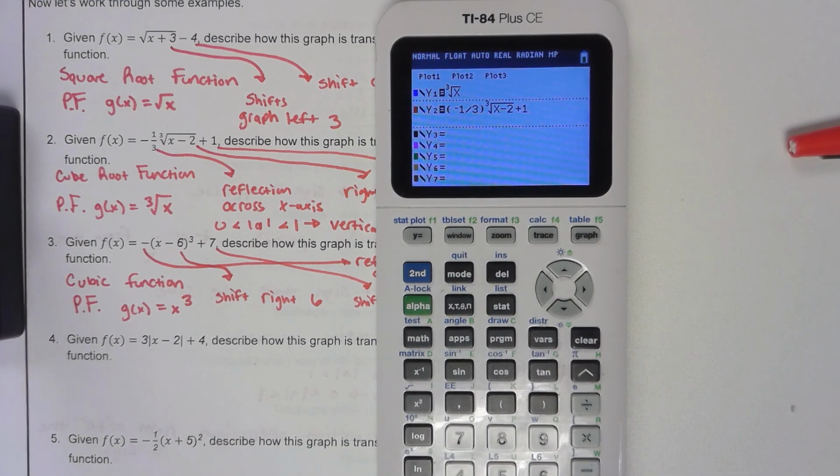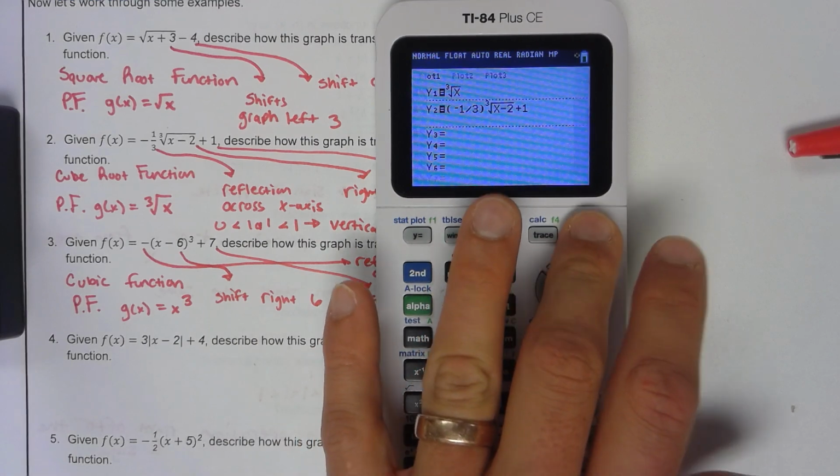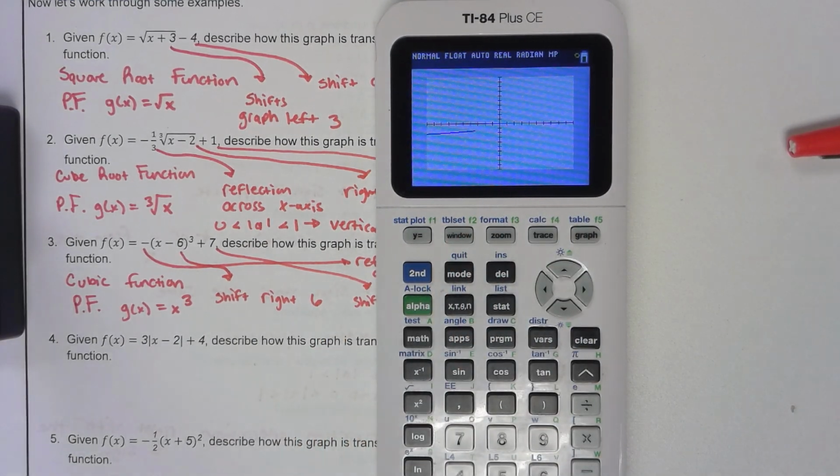And then plus 1. So you want to make sure that the plus 1 happens after the function operation there. Then we can just press graph. The window has not changed. And there's our parent function. And then here's our transformed function.